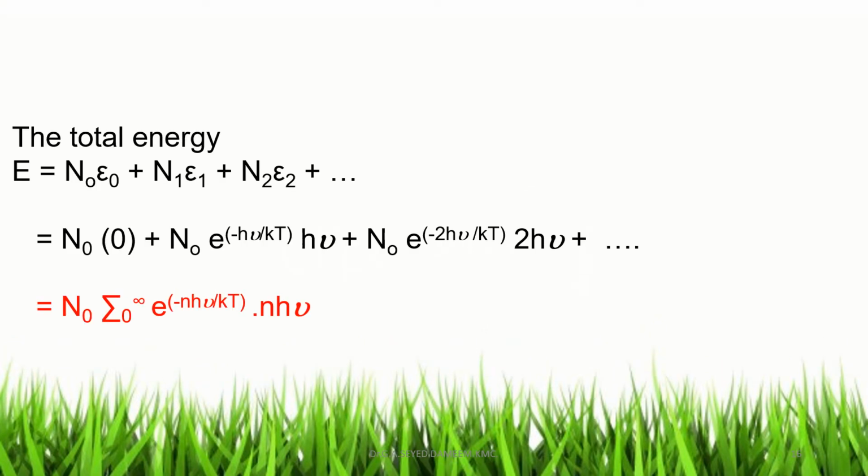Now the total energy E is equal to N0 E0 plus N1 E1 plus N2 E2 plus etc. Now the energy of various levels: for the 0th level, energy is 0, E1 is equal to 1 h nu, E2 is equal to 2 h nu.